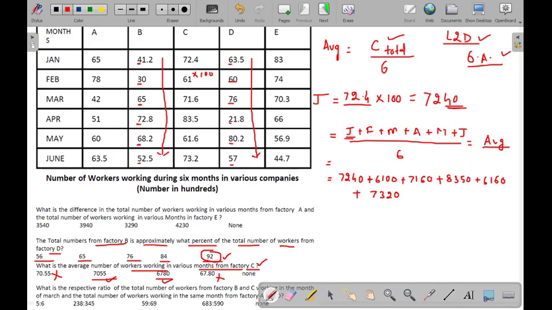Now let us take the last two digits of all the months. This is 00, this is 60, this is 50, this is 60, this is 20, upon 6 equals the answer.